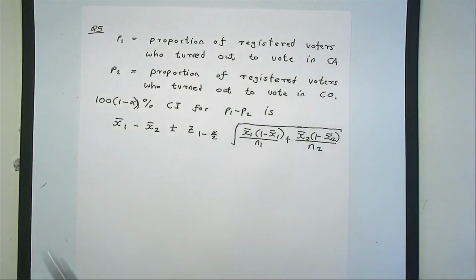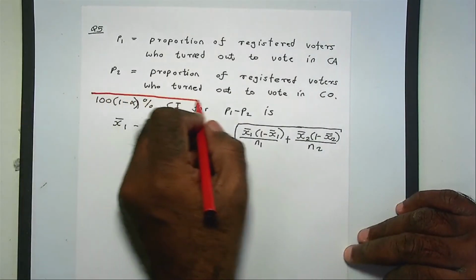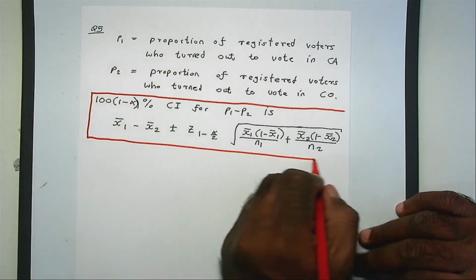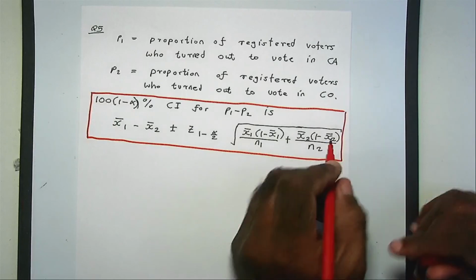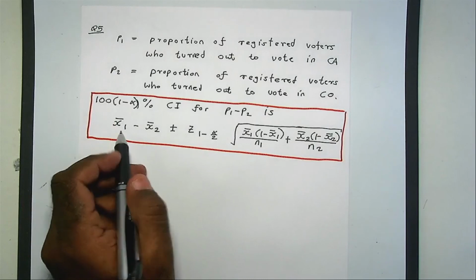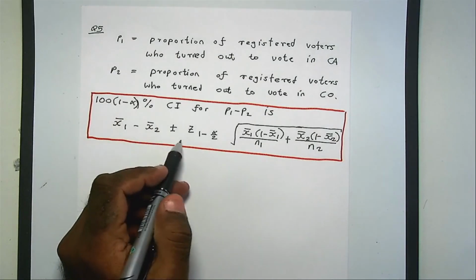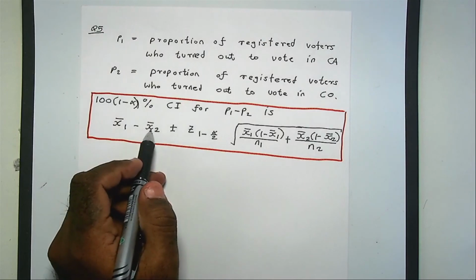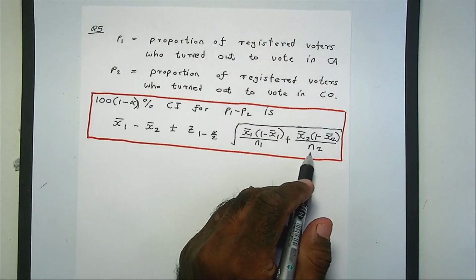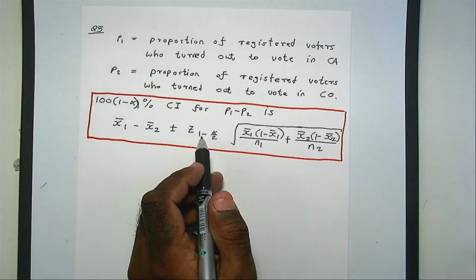This is the formula in the video, and also in the printed and handwritten lecture notes. In this formula, x bar 1 is the sample proportion for the first population, and this is the sample proportion for the second. N1 is the sample size for the first, N2 is the sample size for the second, and this is the percentile of the normal distribution.